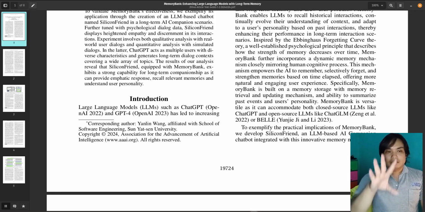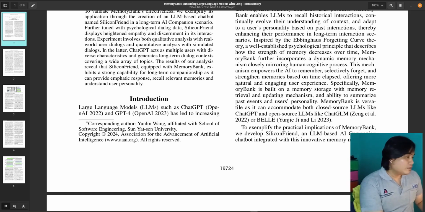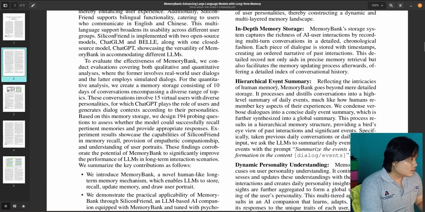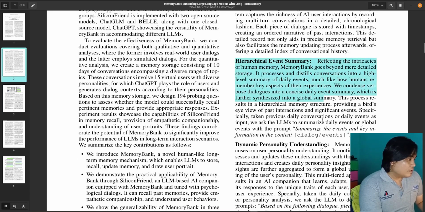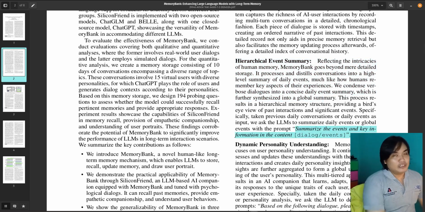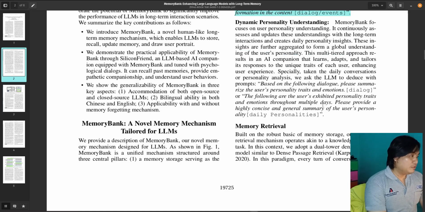From that dialogue, the LLM will try to summarize the event that they talk about, and for dynamic personality, or how the LLM can understand the personality of the user, it also uses a prompt like this.